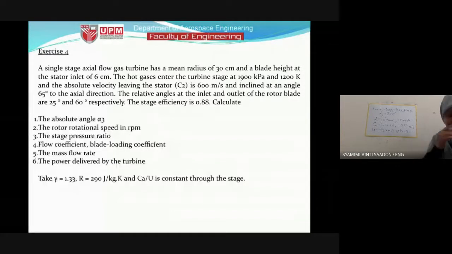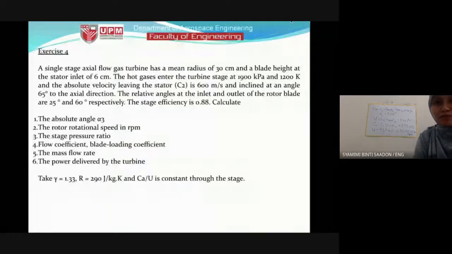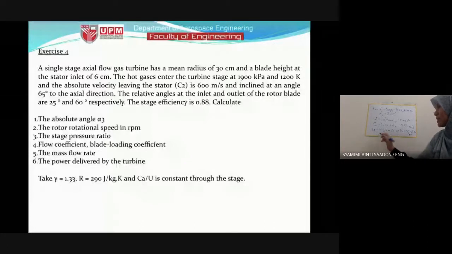135,456 rotations per minute, RPM. You can verify the calculation back.